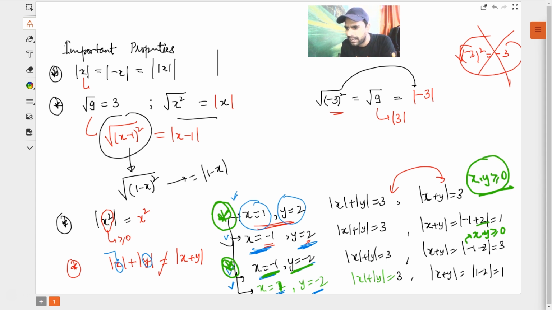So in case number 1 and case number 3, if you see closely, x into y is greater than or equal to 0, and then it satisfies the condition that mod of x plus mod of y comes out to be equal to mod of x plus y. Right? Look at these expressions carefully, guys. Can we say this?